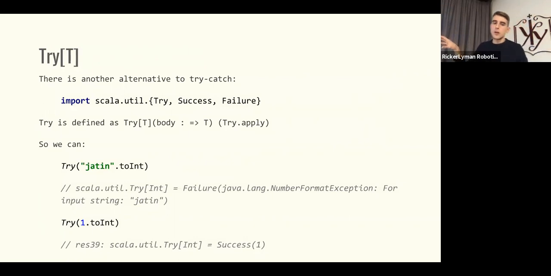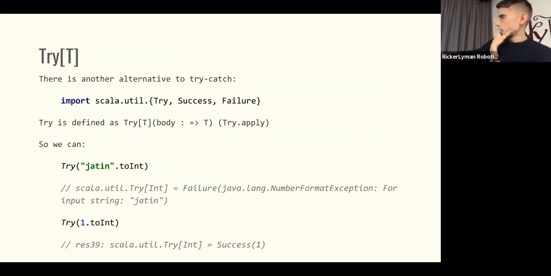And the Failure object will contain the actual exception. So this is very handy when we work with Java API, for instance, and we just wrap everything into a Try. But this does not make a lot of sense when we work in Scala purely, because we can use Option or some even better approach. Try is better suited just to wrapping around the exceptions. And if you don't use exceptions, you don't need Try.